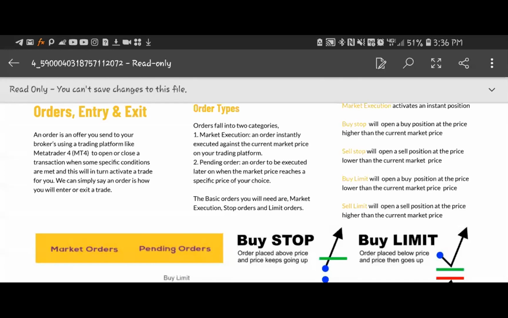So when you place your buy stop, you're anticipating that the market is going to continue to rise up, right? So your buy stop is above the current price. I want to buy Naira now. Naira is 450, I'm seeing the entry price on the chart.